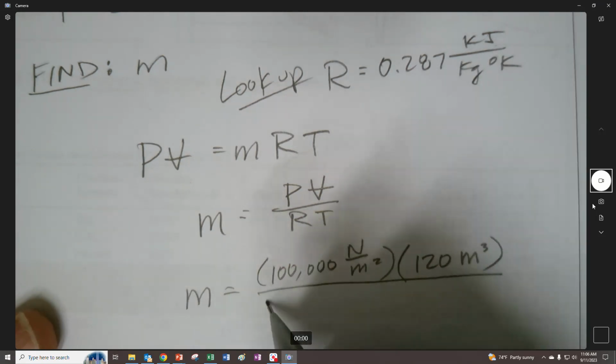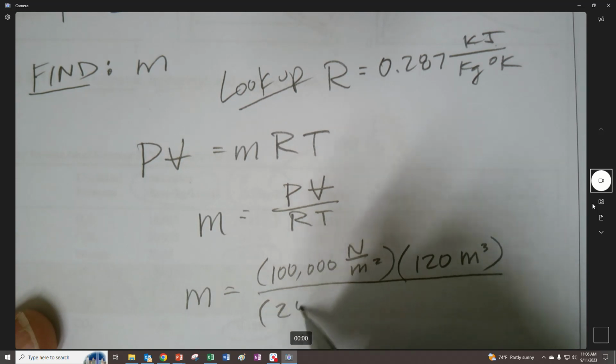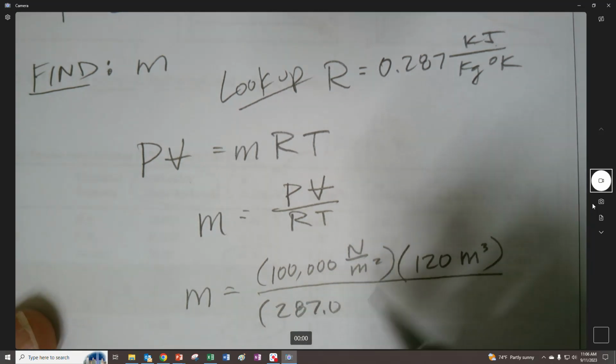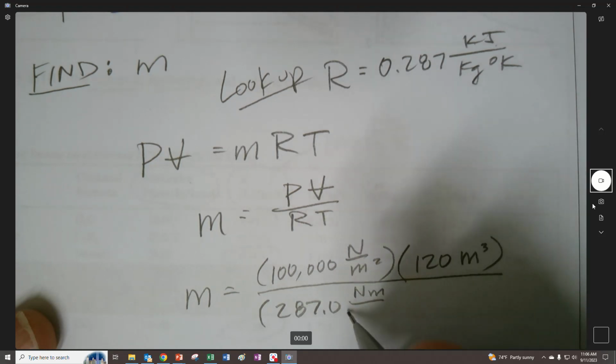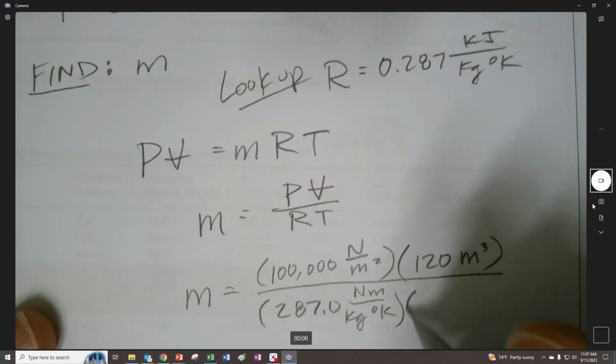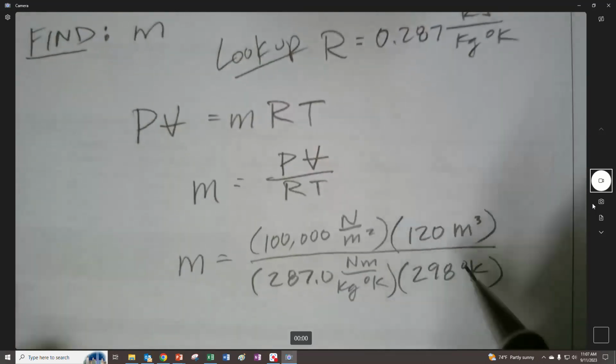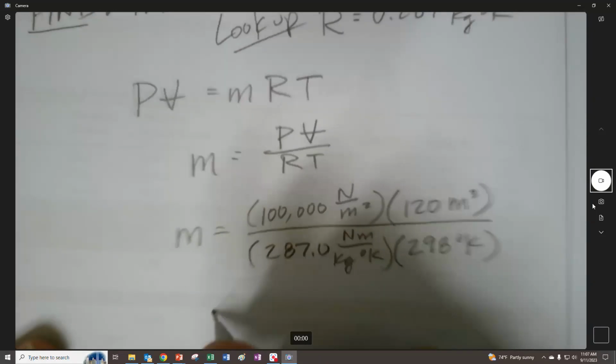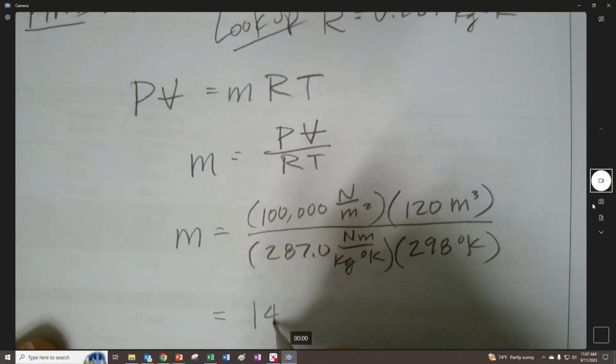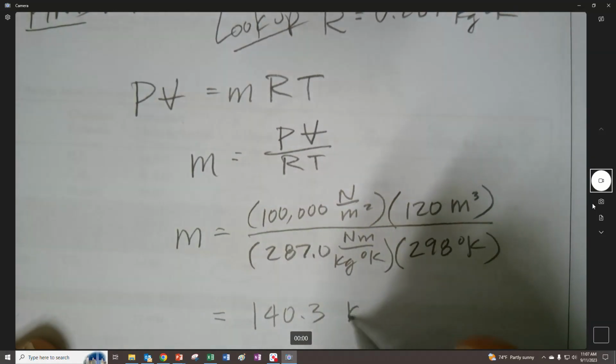All right, so we need to have 1,000 of them, so we go 287 Newton meters, which is energy per mass and per temperature. And then go through the temperature, which we have to make sure we had turned into the absolute scale, which is this. And for a mass, we get 140.3 kilograms.